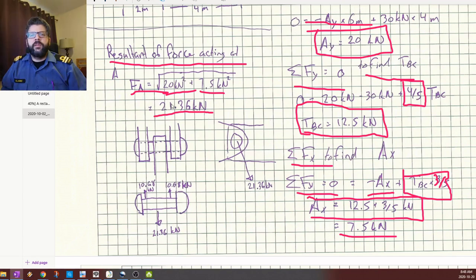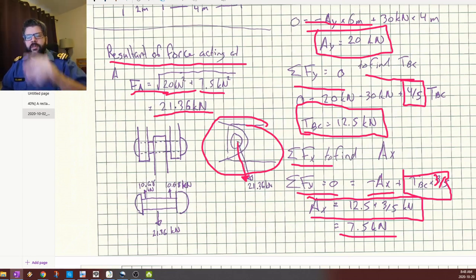So the magnitude of that is 21.36 kilonewtons. If we're looking at it from the side view here, the beam would be acting upon the pin with a force like that.